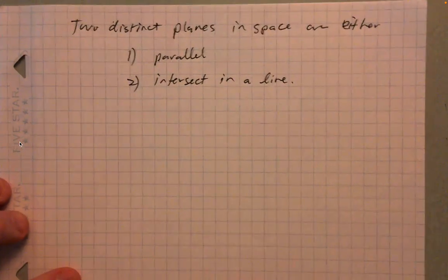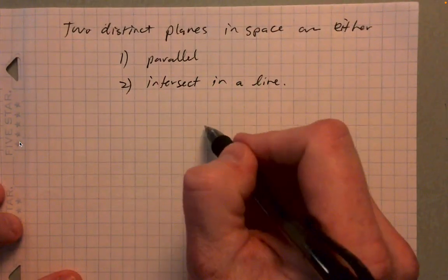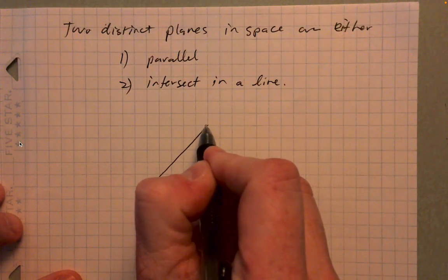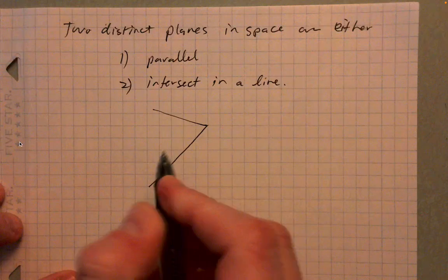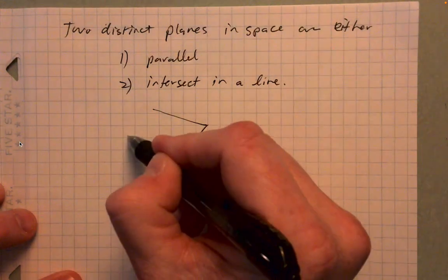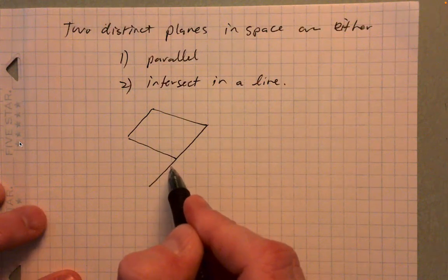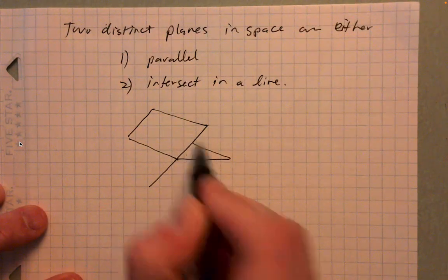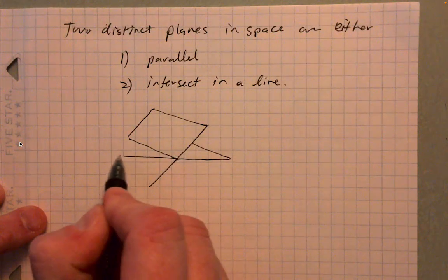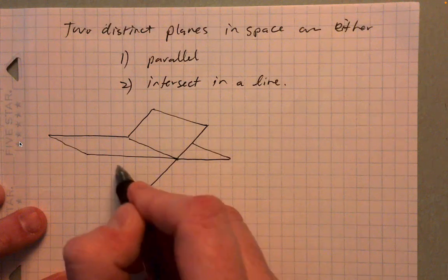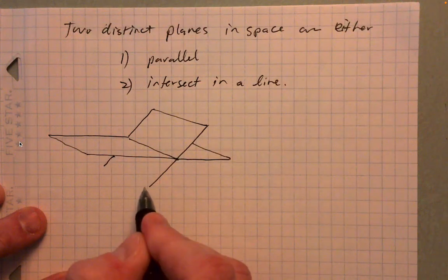Okay, so let me try to draw a picture here. We'll see how I do. Okay, so you can kind of see what's going on here, right?